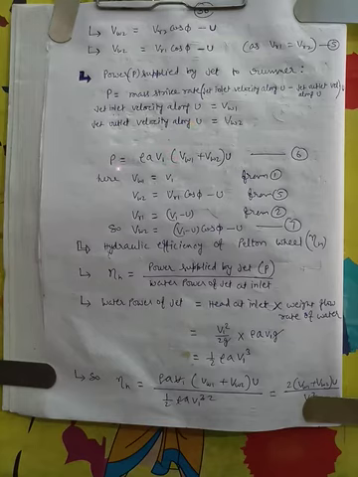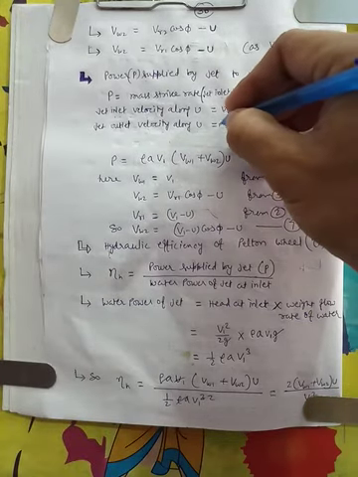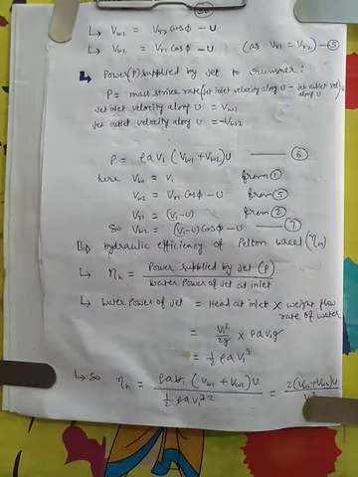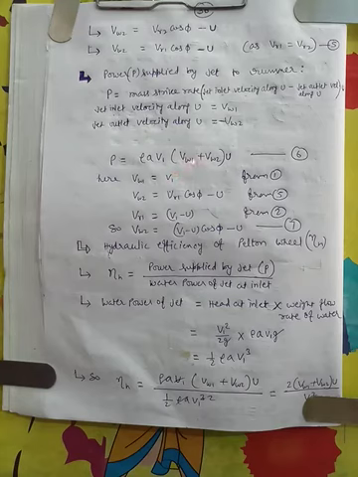So power supplied by jet to the runner will be P equal to rho A V1 into Vw1, and because Vw2 is opposite to Vw1, we take it as minus, so it will be Vw1 minus minus, plus Vw2, into U.